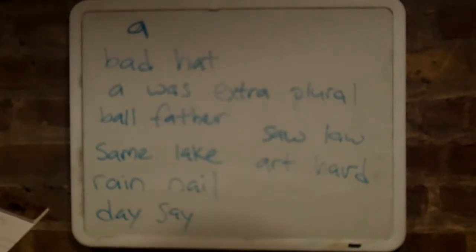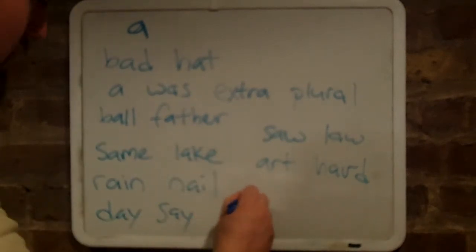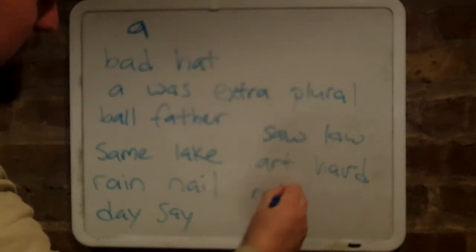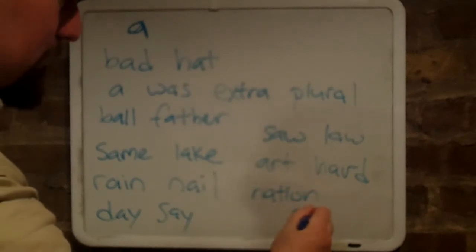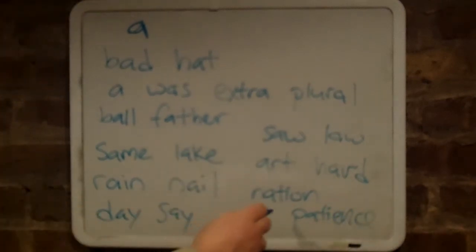And the last main spelling pattern with the letter A is if A precedes the letter T in a word, if you see a word with ATI like nation or patience, any word that has this ATI pattern in it, that A is usually going to sound like A.